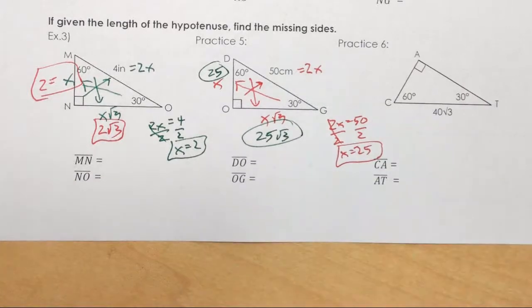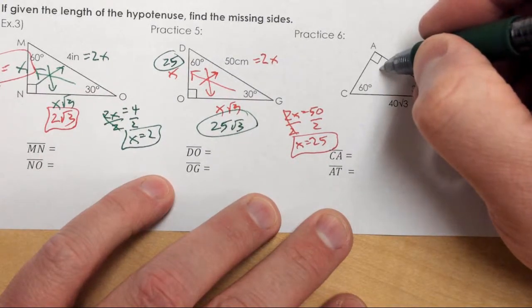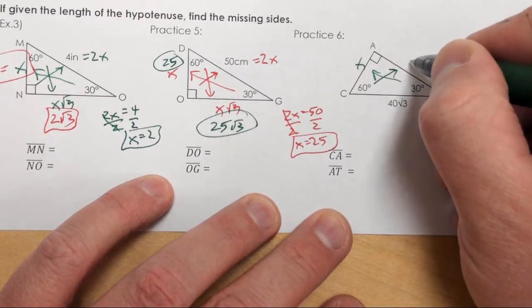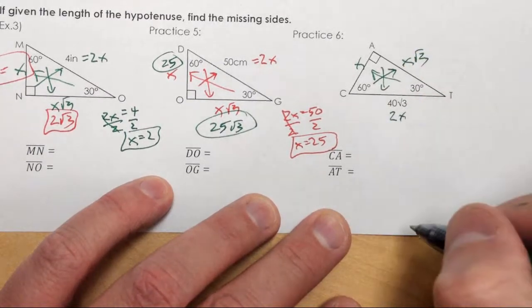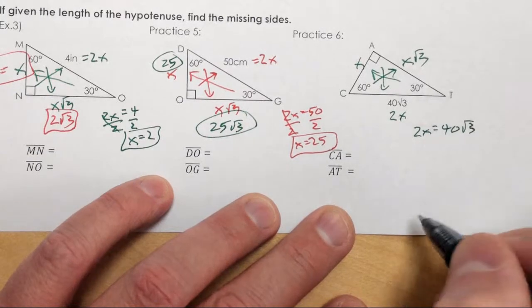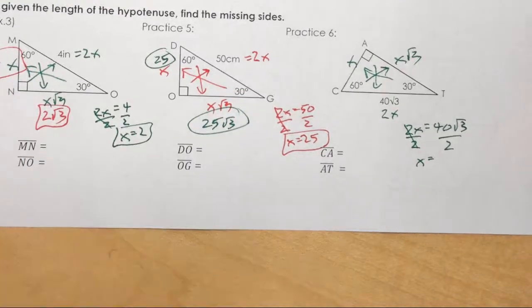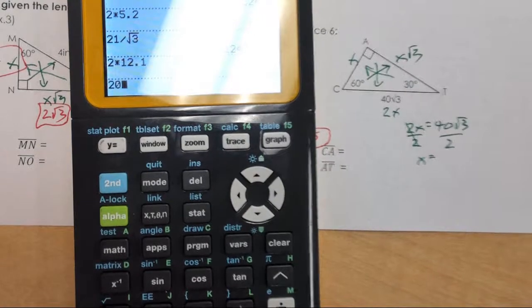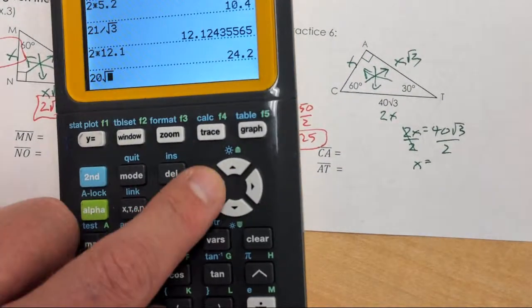And then lastly, giving you a funky problem here, let's label opposite the 30 as x, opposite the 60 is x square root 3, opposite the 90 is 2x. So I'm going to set 2x equal to 40 square root 3, and to solve for x here, unfortunately it's a little bit more complex. So I'm going to type in 40 square root 3, my bad, not 20.